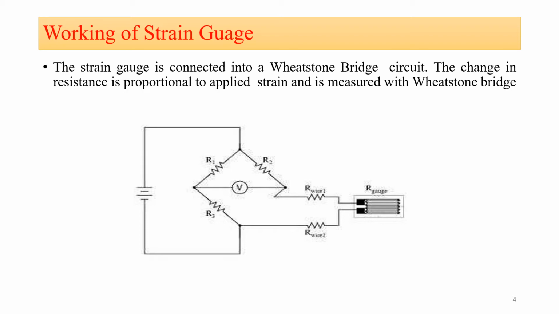When we are not applying any force to the strain gauge, the Wheatstone bridge will be in balanced condition. Now when we apply some force to the strain gauge, then our bridge will be in unbalanced condition, and at the nodes A and B we will get some voltage. This is how we convert resistance into the variation of voltage by connecting the strain gauge into the Wheatstone bridge.